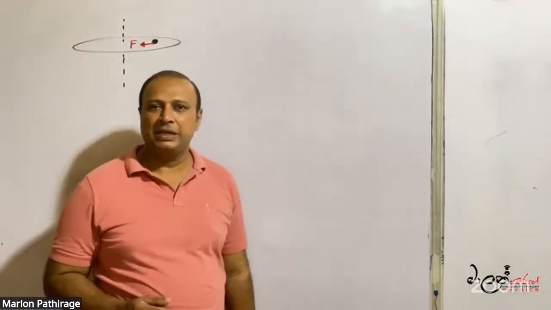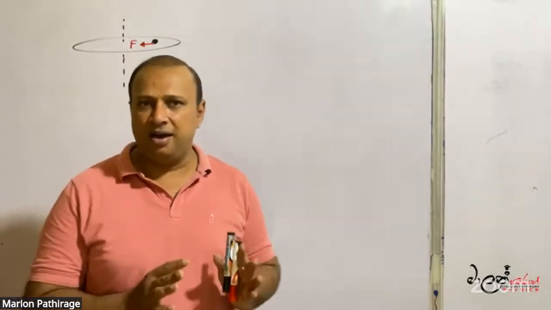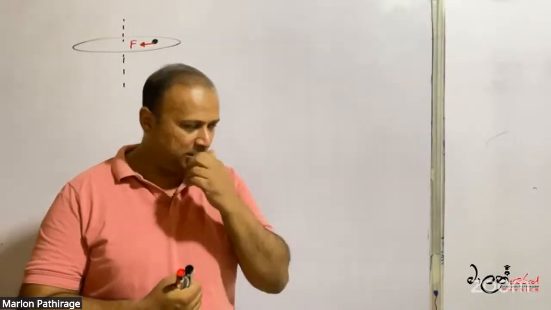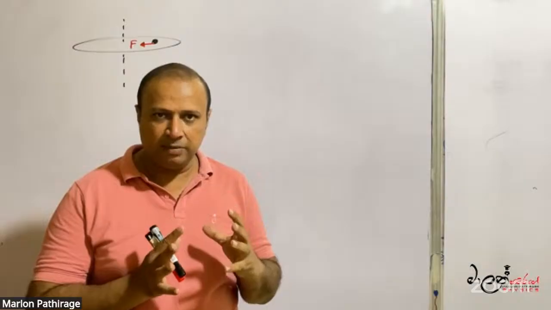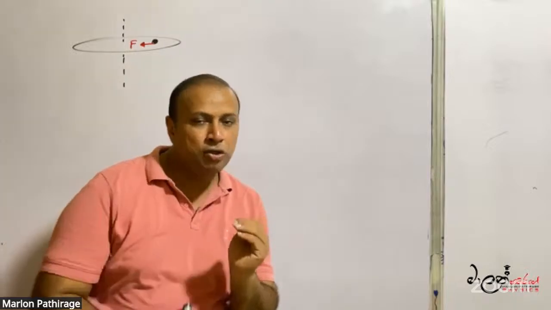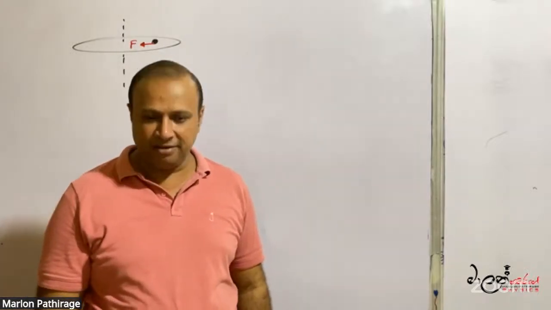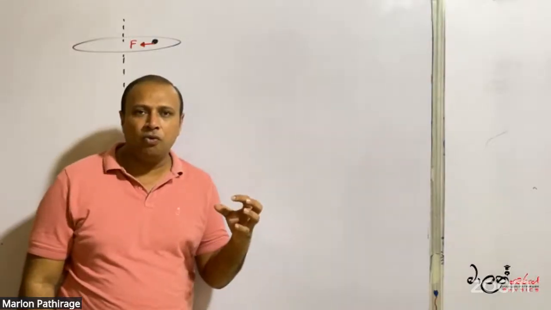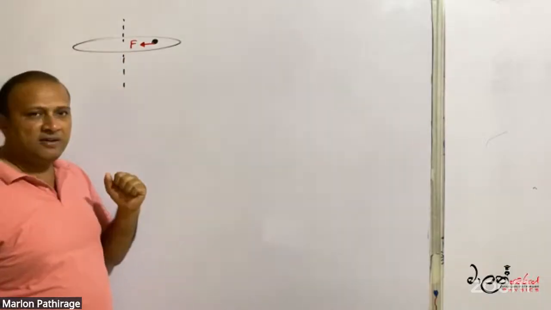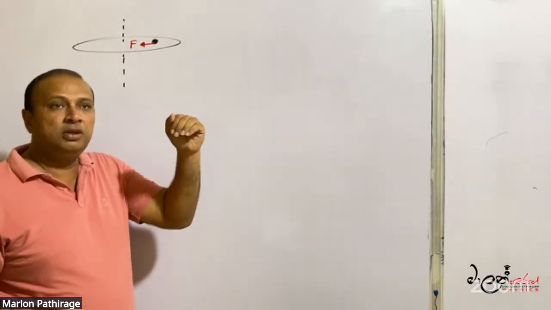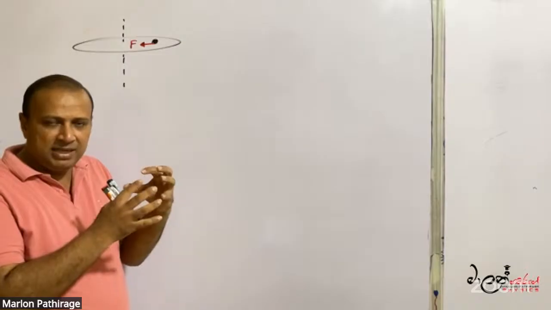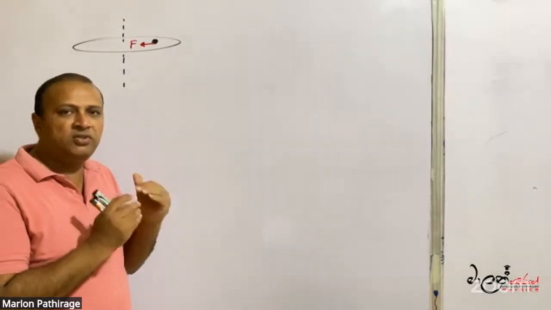Now you are asked about this question. It is about when this object tries to slip away. That means now there is a limiting condition, because this friction force has come to its maximum level and now it cannot hold this object.